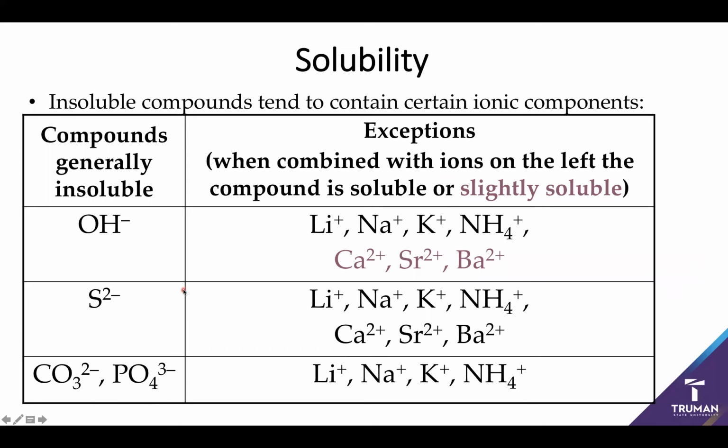The real big difference between these negatively charged ions is what else they might be insoluble with. So hydroxide is kind of soluble with calcium, strontium, or barium, but in general, if you are asked whether it's soluble or insoluble, we tend to count slightly soluble compounds as insoluble.